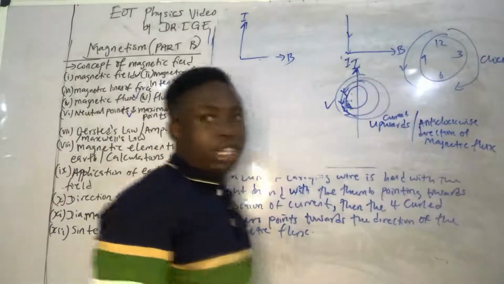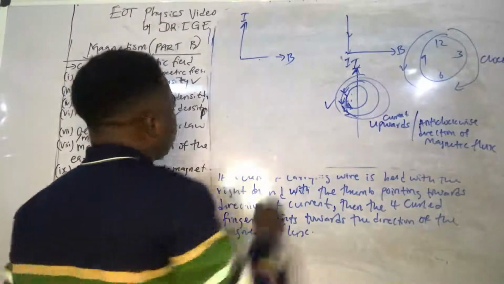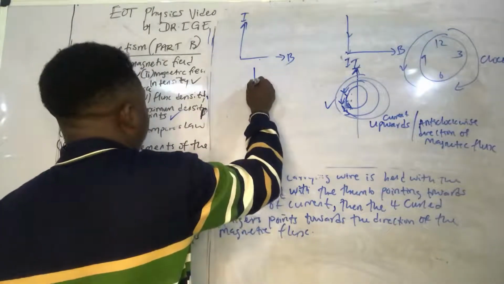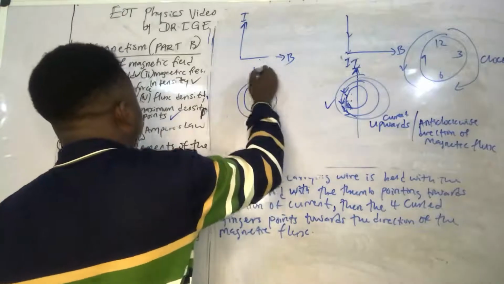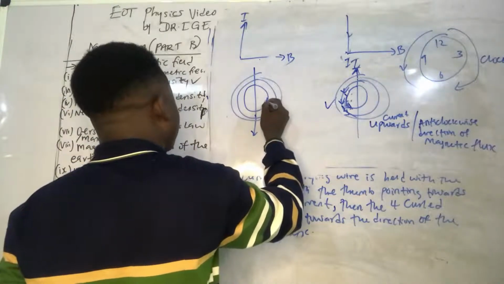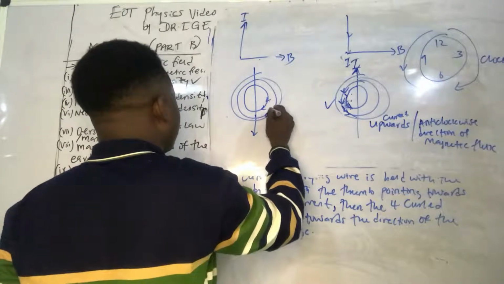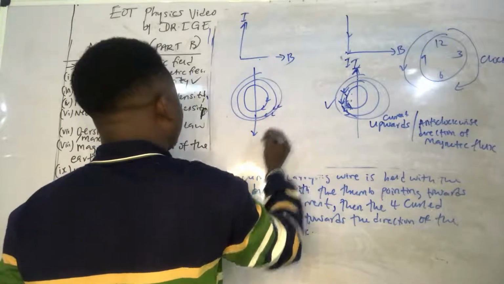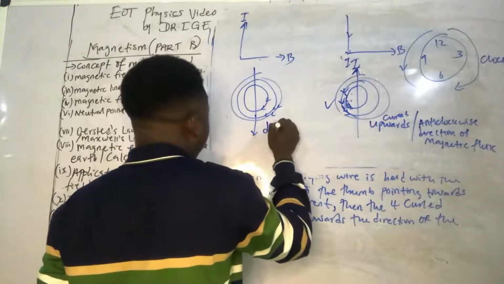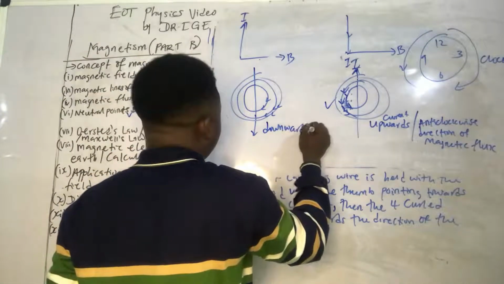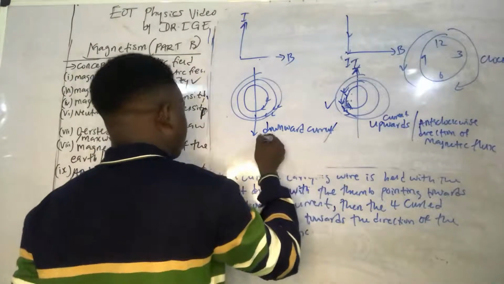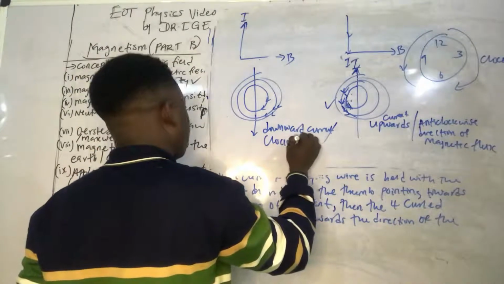That's for the current carrying wire. Then when we have the current pointing downwards, we will now have a clockwise movement. So when we have downward current, we now have clockwise.